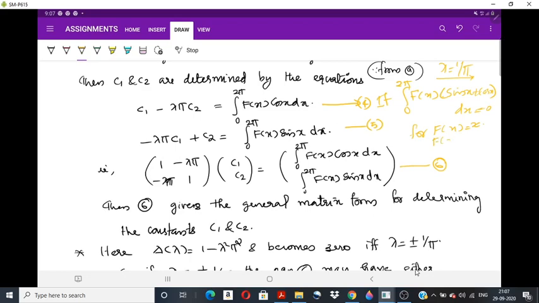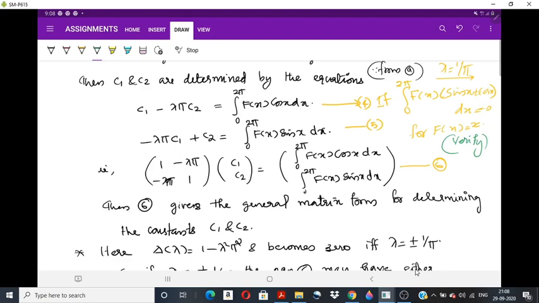And if f of x is not orthogonal to y1 of x, the characteristic function corresponding to the characteristic value 1 by pi, then we can show that the given integral equation has no solution when f of x is equal to x. So this you have to verify.